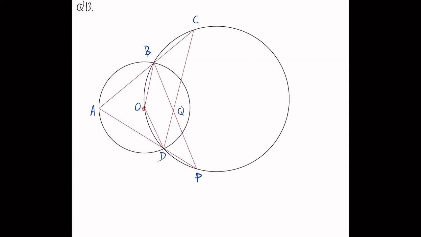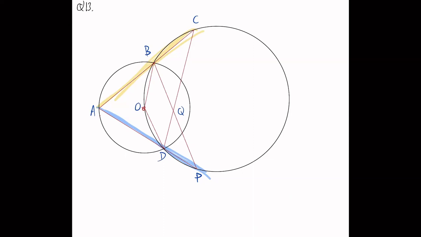In the figure, O is the center of the smaller circle passing through the points A, B, and D. Given that lines ABC and ADP are straight lines, and that ODP, C, and B are points on the larger circle, prove that angle ACD equals 2 times angle BAD.